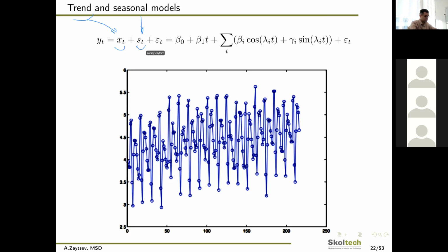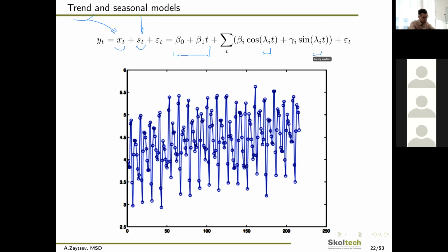And the simplest model we can have for the trend is a linear trend, so it can be like this. Now for seasonality, we also can decompose it into a basis of functions, and maybe the simplest basis is the basis of trigonometric functions, cosines and sines, with some coefficients and some frequencies.